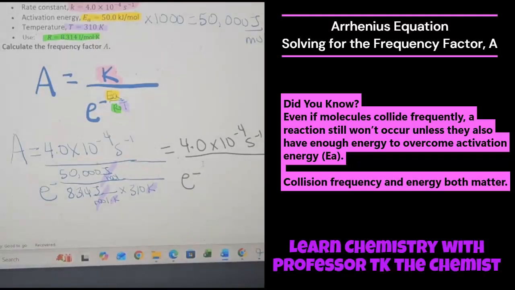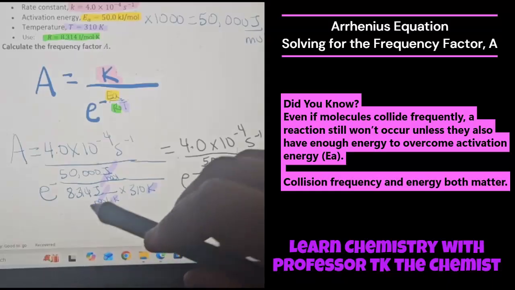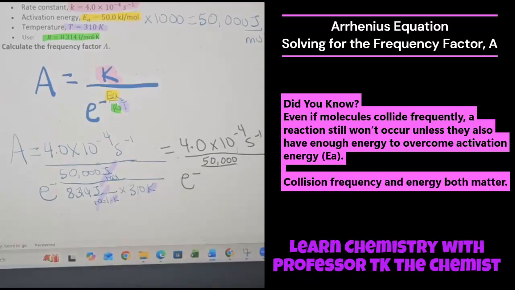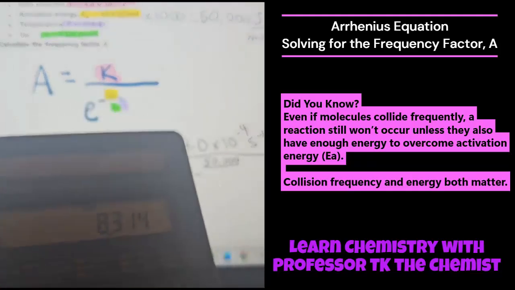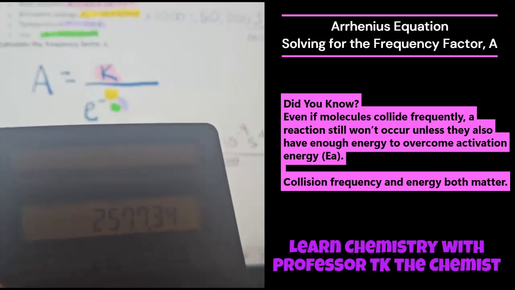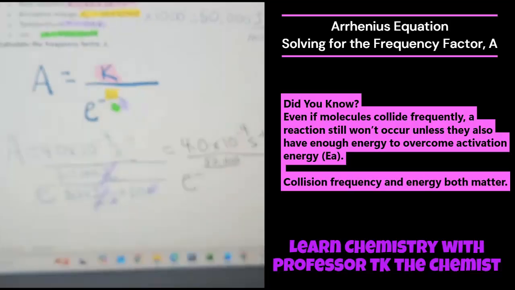Go ahead and do your 50,000 on top divided by 8.314 multiplied by 310. 8.314 times 310 gives me 2577.